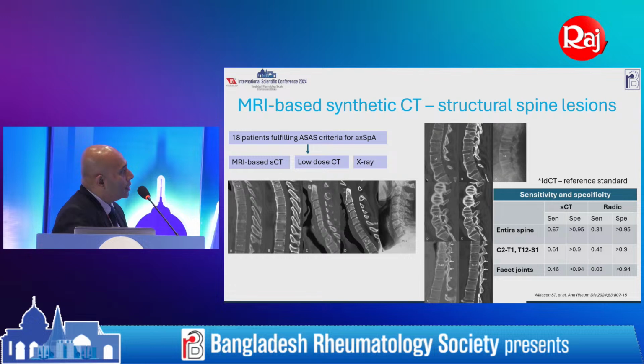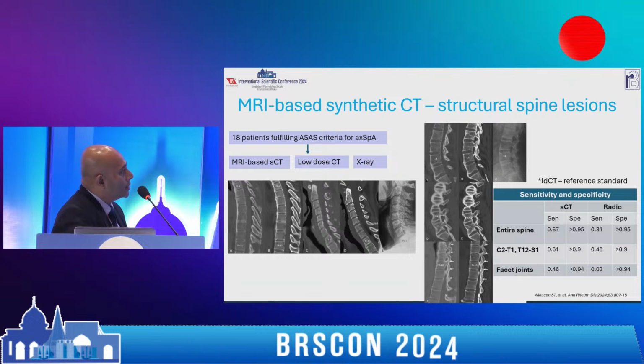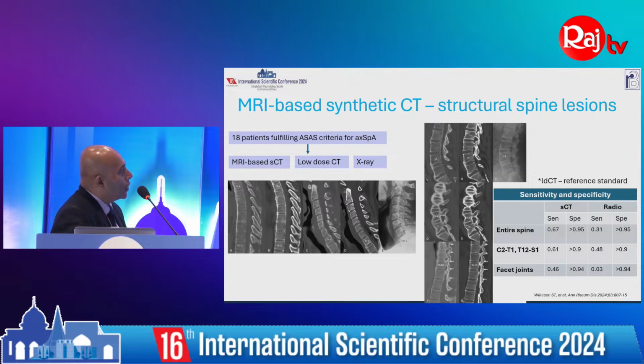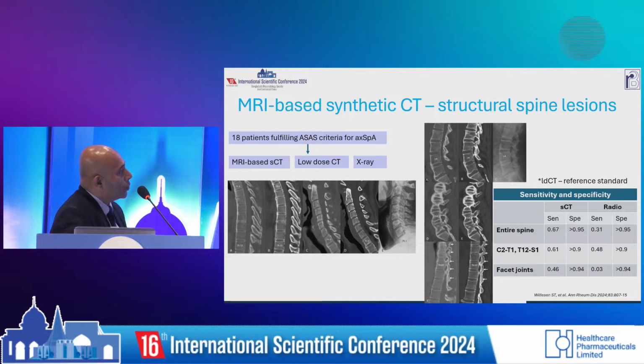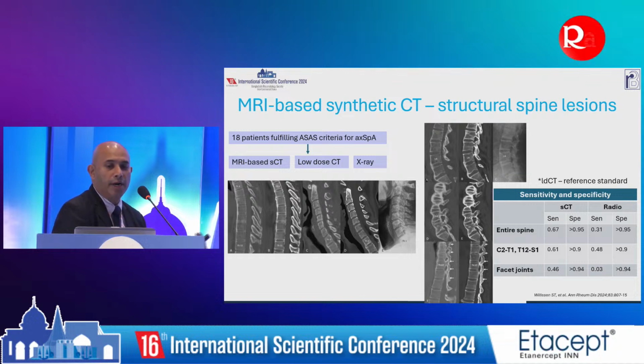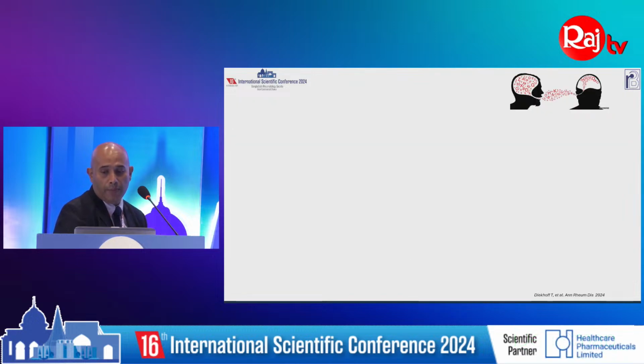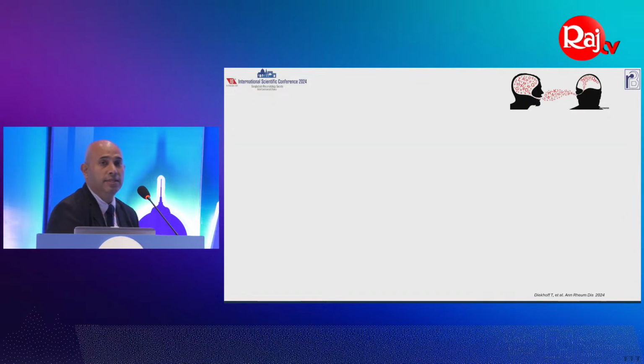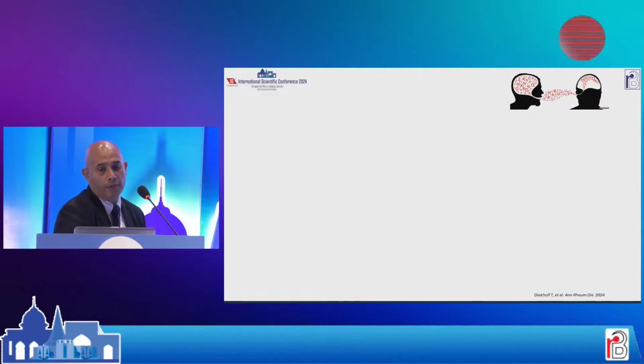So essentially synthetic CT is as good as radiographs as compared to low-dose CT. And if you look at the sensitivity, it's 0.67 versus 0.31 for radiographs, and 0.61 versus 0.48 for the entire spine, C2 and facet joints. So essentially, we are inching closer to the time when MRI is going to be as good as CT for picking up structural damage, but safer than CT in terms of radiation.